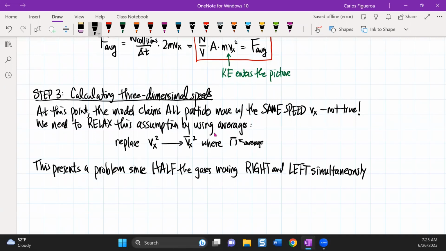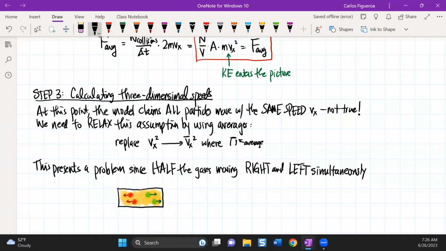So you could imagine that if I have a box, let's say that this is my box right here. Okay, here's my box. I'm going to have, let's say on average, particles that are moving to the left. On average, I'm going to have particles moving to the right.